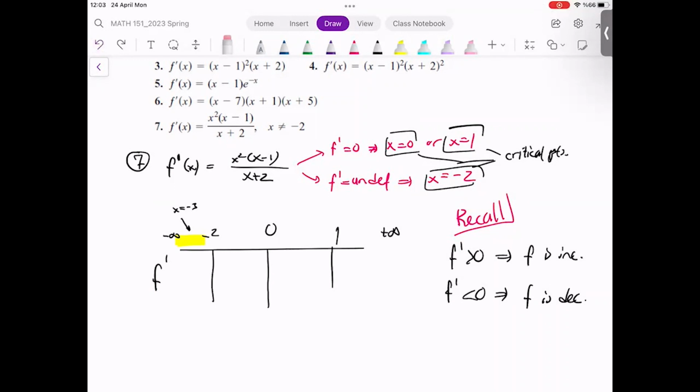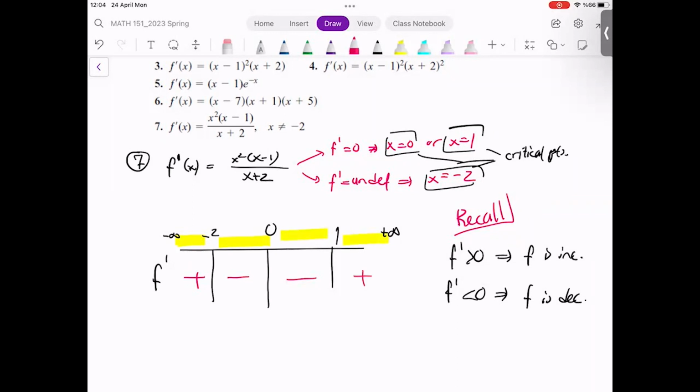Okay, let's insert minus 3, and all of you can compute that the first derivative takes positive value there, and over this interval you can try x equals minus 1 to see that the value of the first derivative function is negative. Over this interval it takes negative values, and over this interval from 1 to plus infinity, first derivative function takes positive values again.